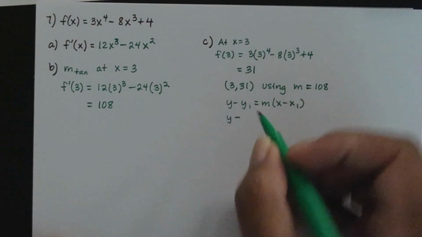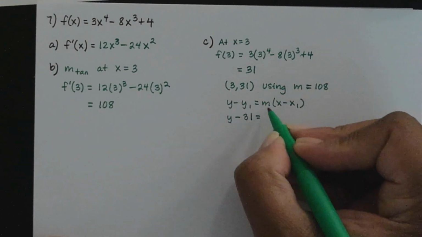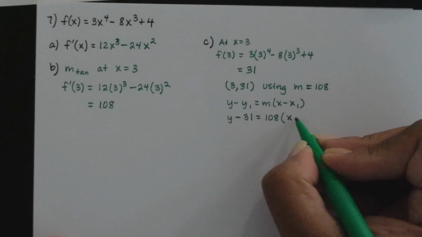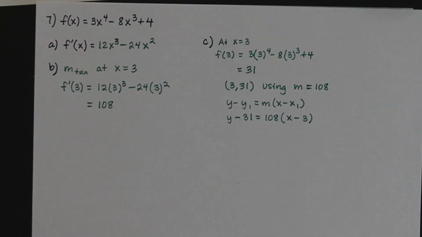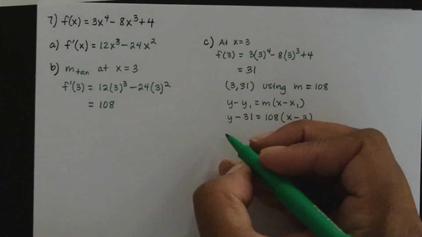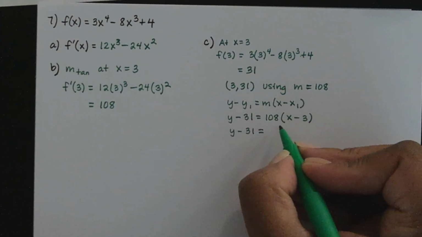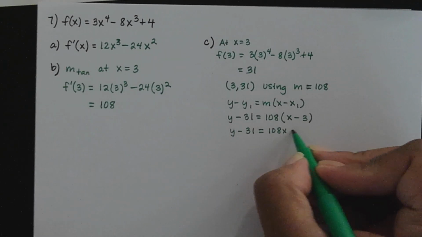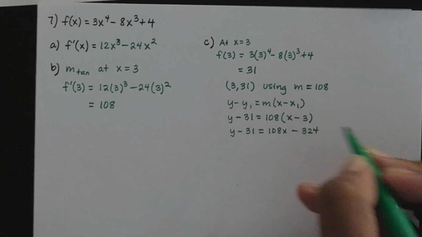So it'd be y minus 31, where y1 is 31, is equal to the slope of that tangent line, 108, times x minus x1, which is 3. If I simplify the right side, I have y minus 31 is equal to 108x minus 108 times 3, which is 324.